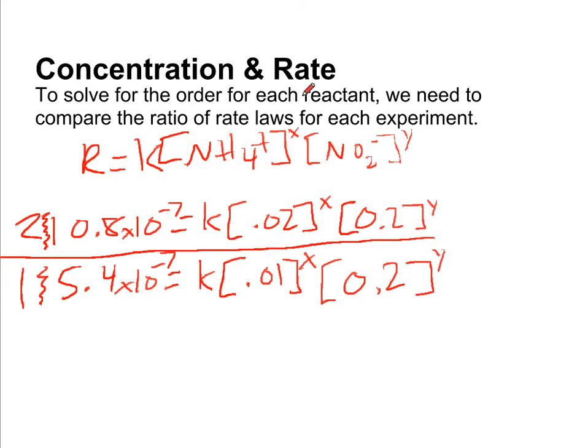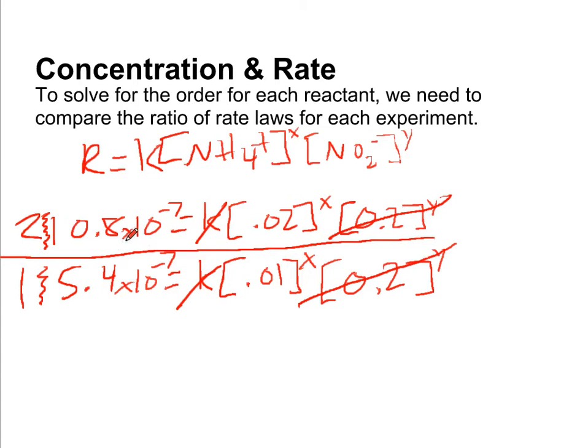Now ultimately our goal is to solve for x here. So if we look at this like a division problem or fraction, we can cancel out the rate constant because it's in the numerator and denominator, and we can actually cancel out this entire term of 0.2 to the y because it's in both as well.